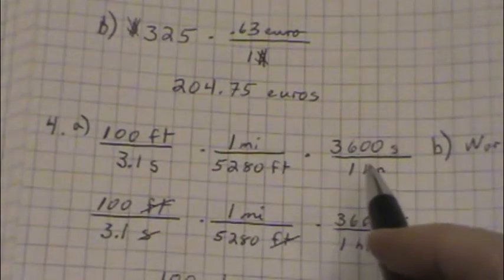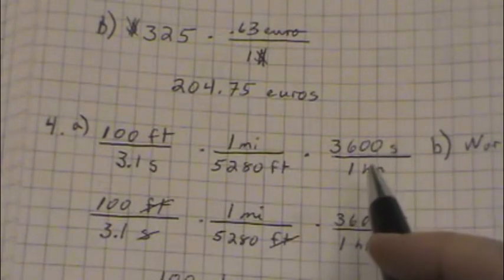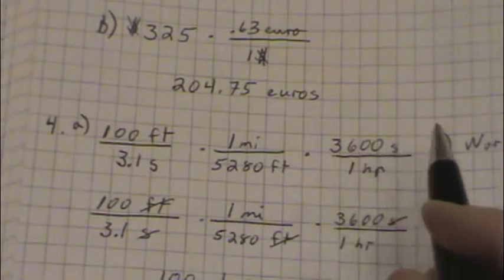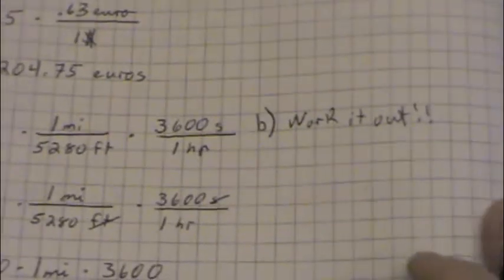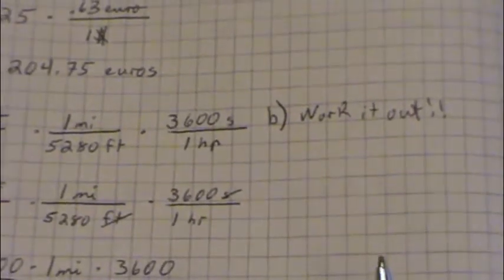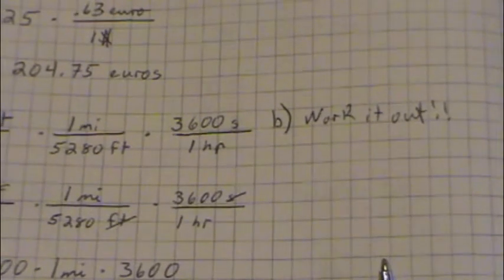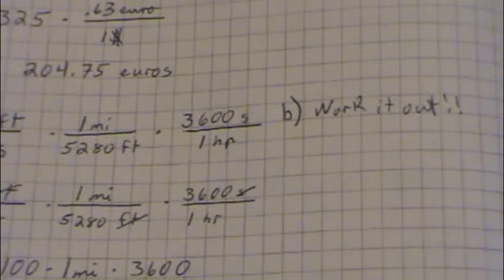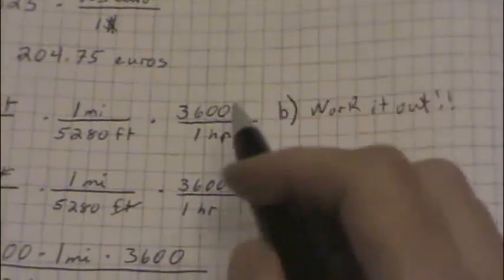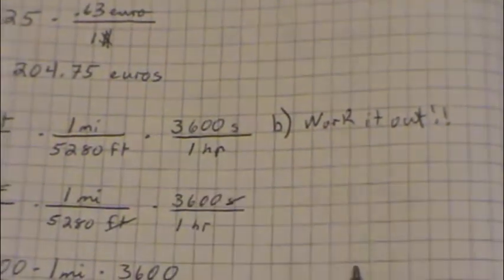What if you use 60 seconds in a minute and 60 minutes in an hour? So what I want you to do is work through that on your own in letter B and see what happens with the answer, because I want you to feel confident. Can you do it that way if you are not certain of that single conversion?